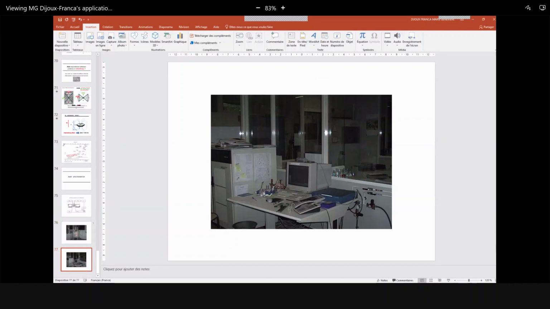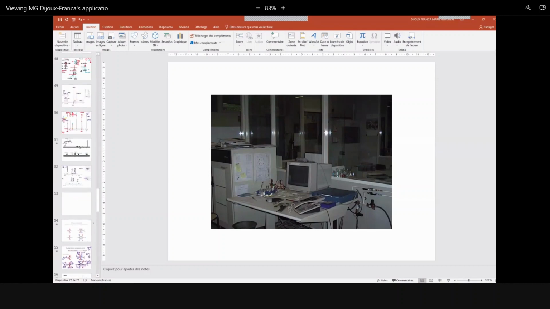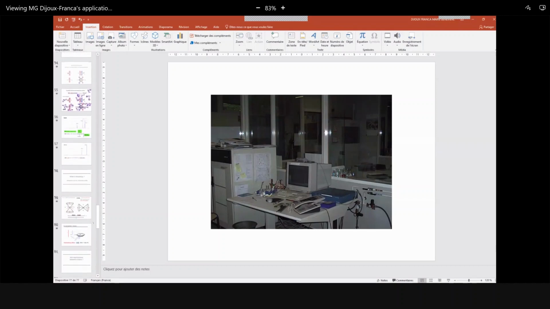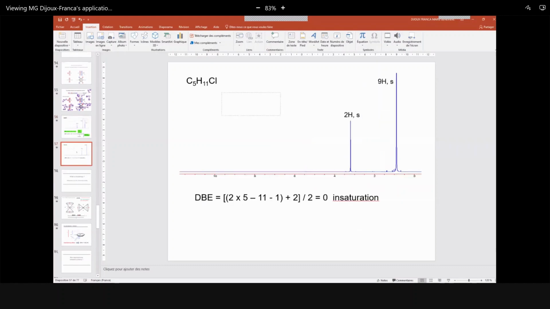Well, you can do these two exercises for this molecule and that one, and maybe in the other document, training.